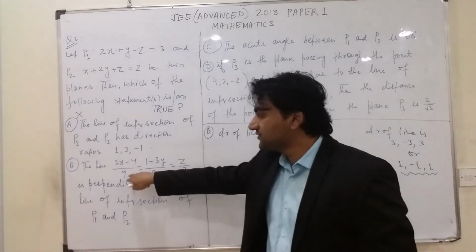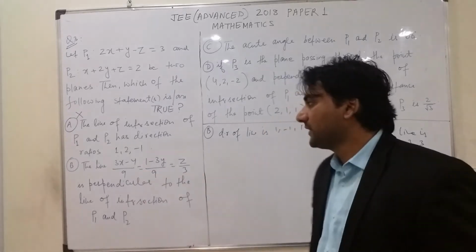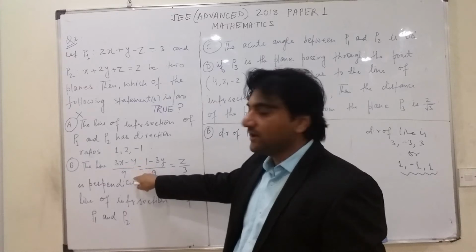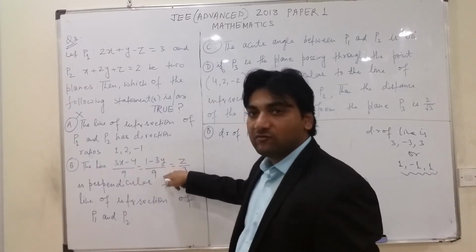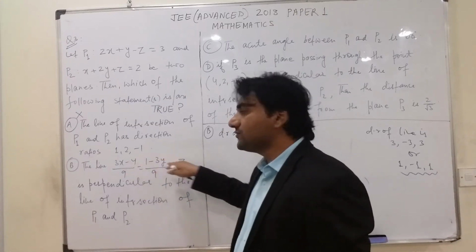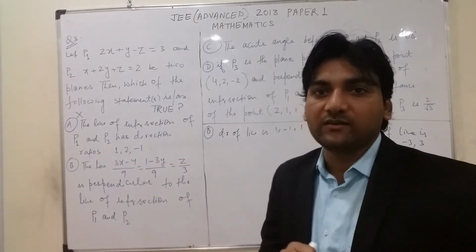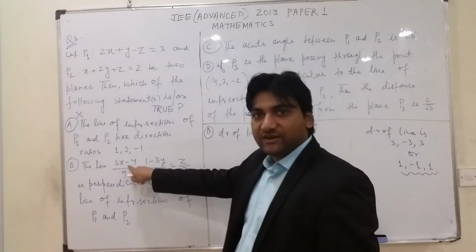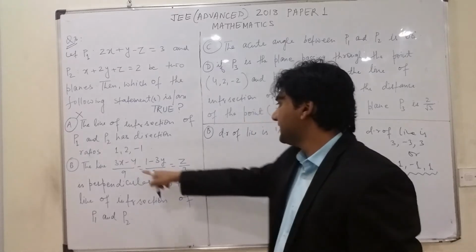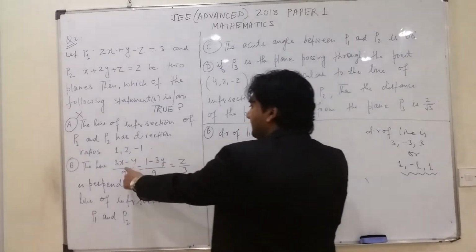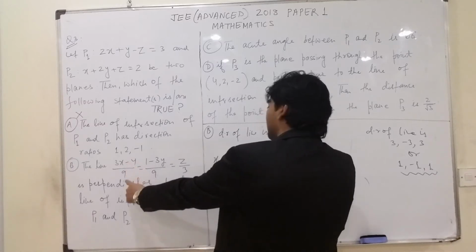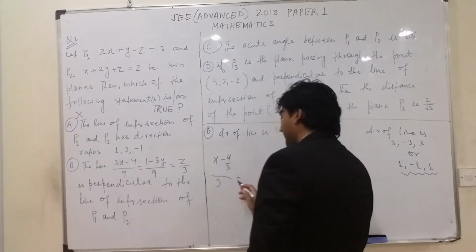First of all, we have to write this line in a standard form. The standard form means it should be x minus x1 over a equals y minus y1 over b equals z minus z1 over c. I mean the x coefficient, y coefficient and z coefficient must be 1. So here the x coefficient is 3, so divide numerator and denominator by 3. So what will you have? This is 3x minus 4 over 3, which means x minus 4 over 3, over 3.